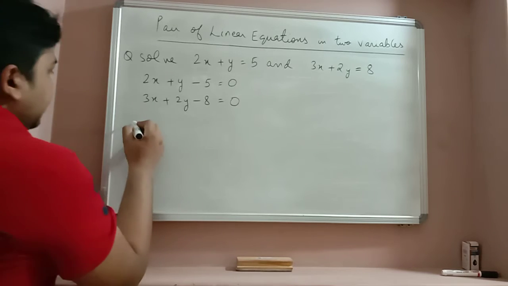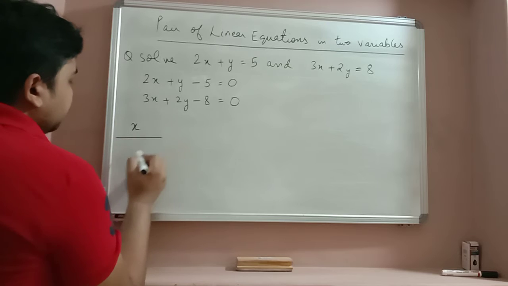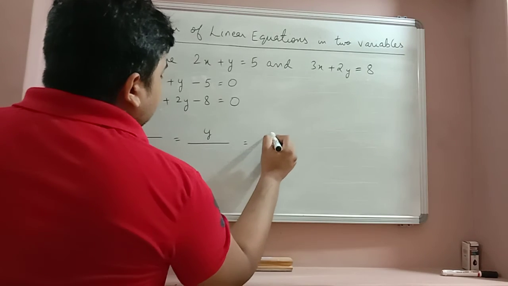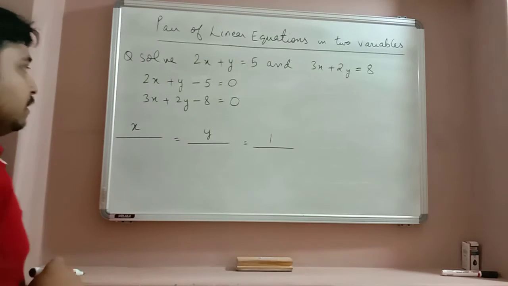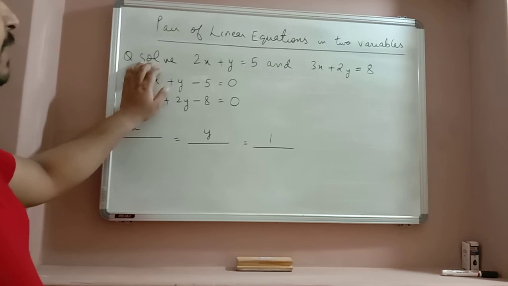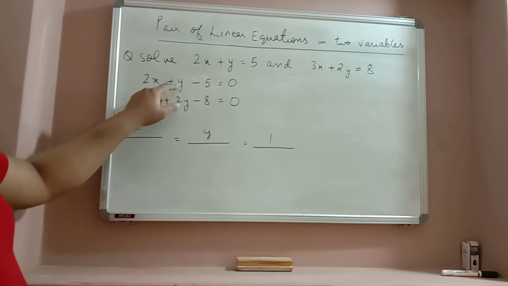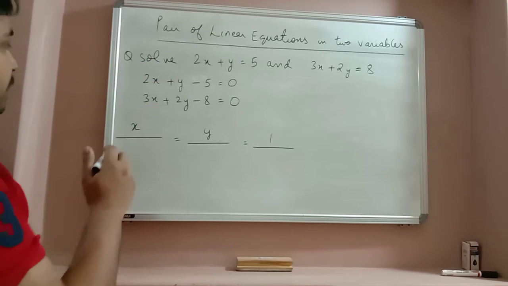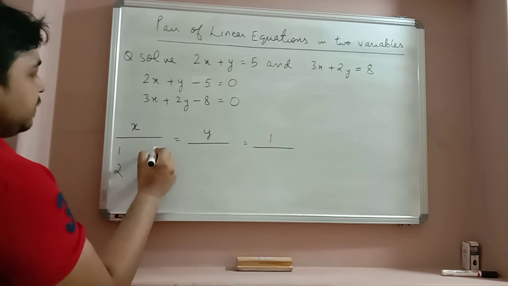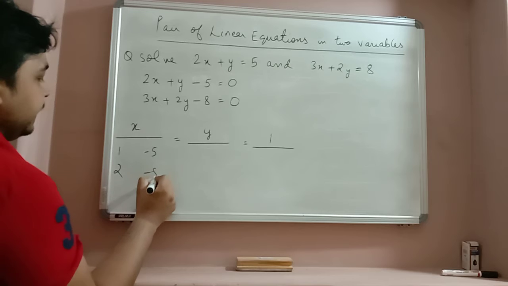Now we will simply write down x here equals to y equals to 1. Now over x I will hide the coefficient of x and I will write down the coefficients of y and the constant term. So I will write down 1, 2, minus 5 and minus 8.